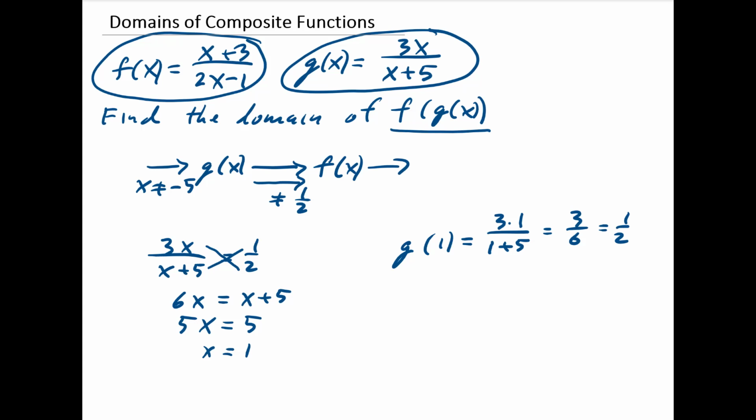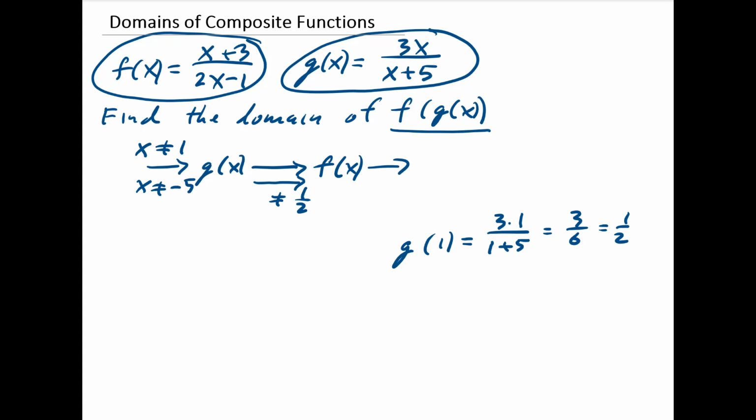And we know we cannot plug a 1/2 into the function f. So we're not allowed to plug a 1 into the function g. And we're done, because now we know what we're not allowed to plug into g.